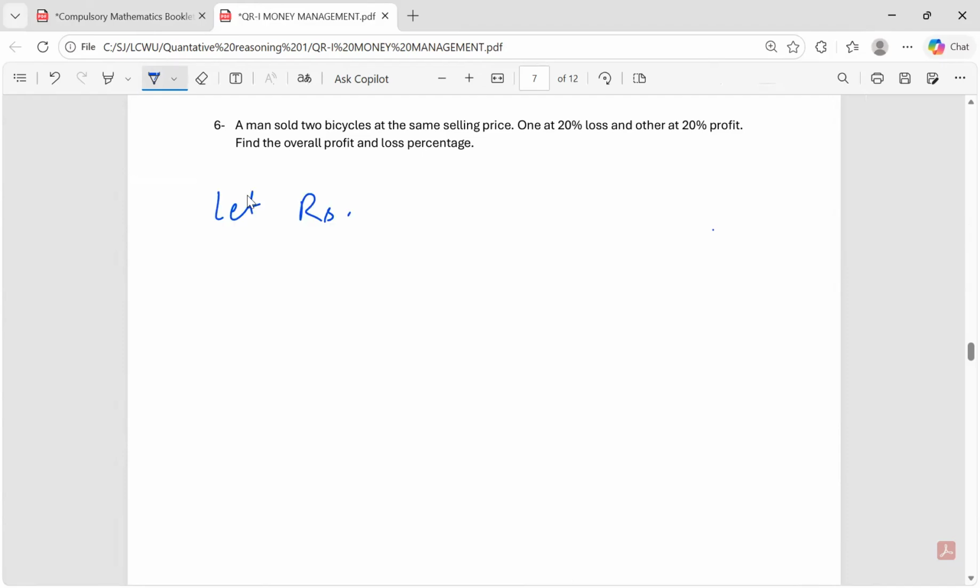Let x be the selling price of the bicycles.